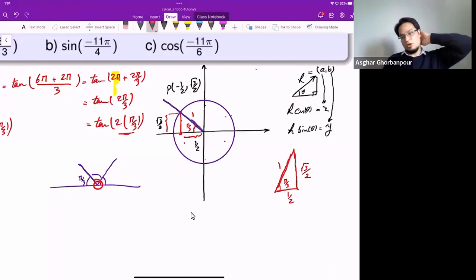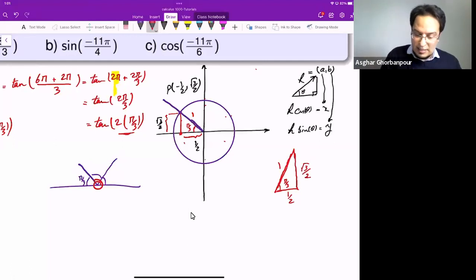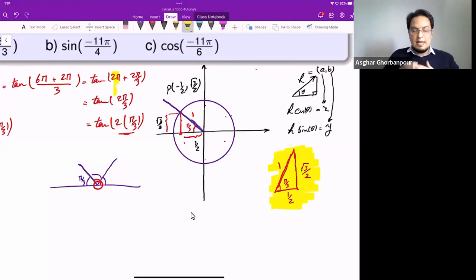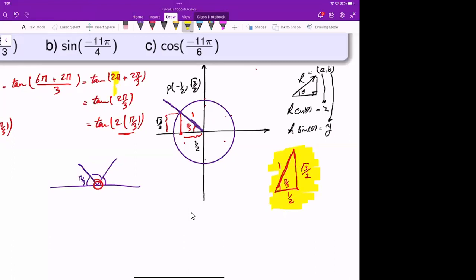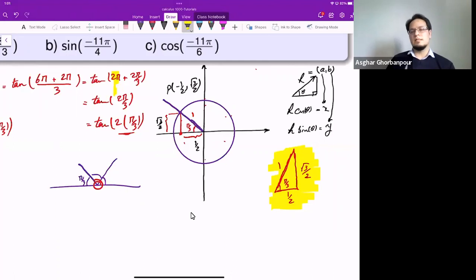That is not in that chart. That's why I usually say that you try to fit one of those special triangles in your angle so that one of the edges of this triangle sits on the x-axis. Okay, and we were just trying to find the point. Okay, got it. Thank you.